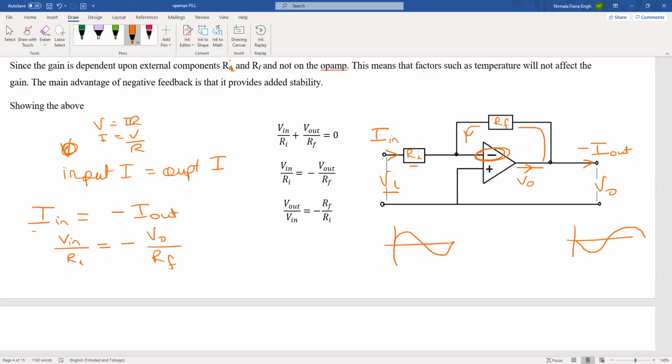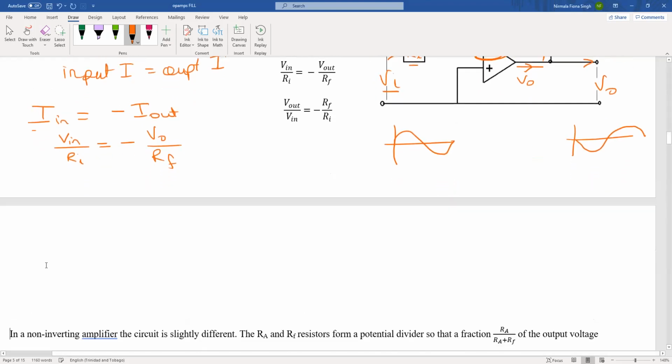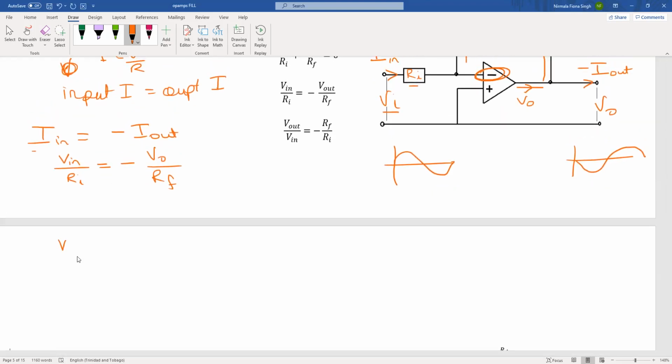Because this is the same current, it's going to be feeding back into your resistor. So what we can do, we can just add them up now, put them on the same side of the equal sign. Let's get some working space. So you're going to get VI over RI plus VO over RF is equal to 0.